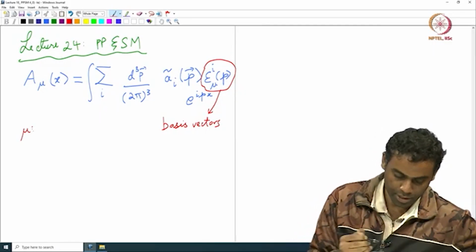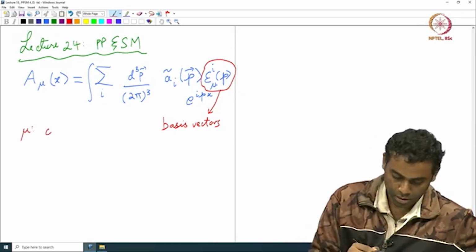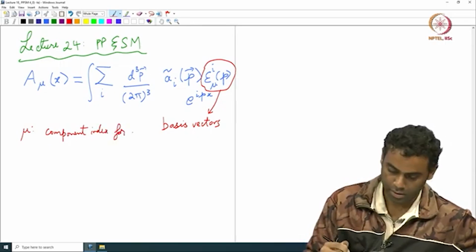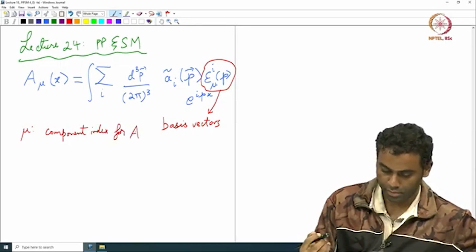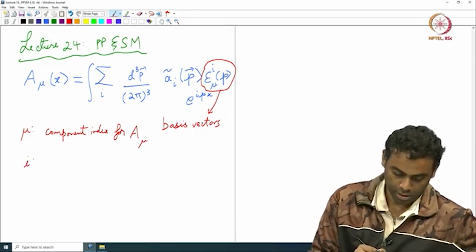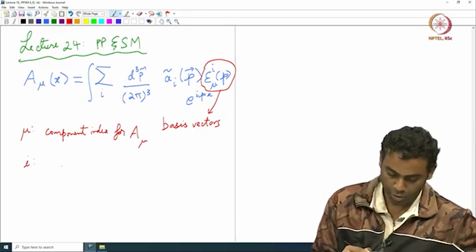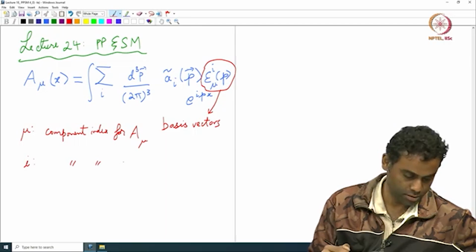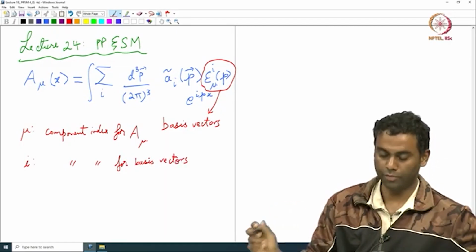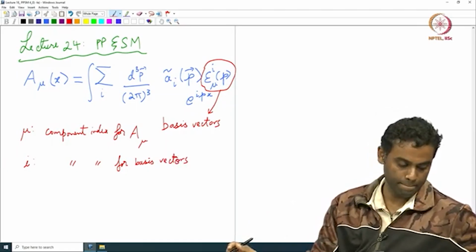So, that means mu is the component index for the A field, okay, literally A mu, right. And I is the component index for the basis vectors. So we just saw we had 3 degrees of freedom, right. So you can form a basis using that.